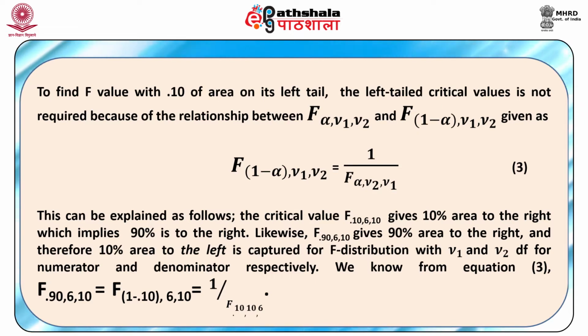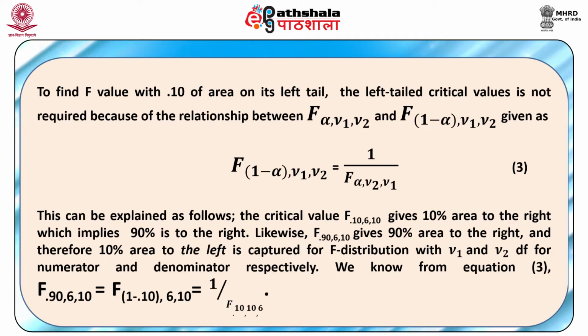The critical value f 0.10 for 6 and 10 gives 10% area to the right, which implies 90% is to the left. Likewise, f 0.90 with 6 and 10 degrees of freedom gives 90% area to the right, and therefore 10% area to the left is captured for the F distribution with nu1 and nu2 degrees of freedom for numerator and denominator respectively.